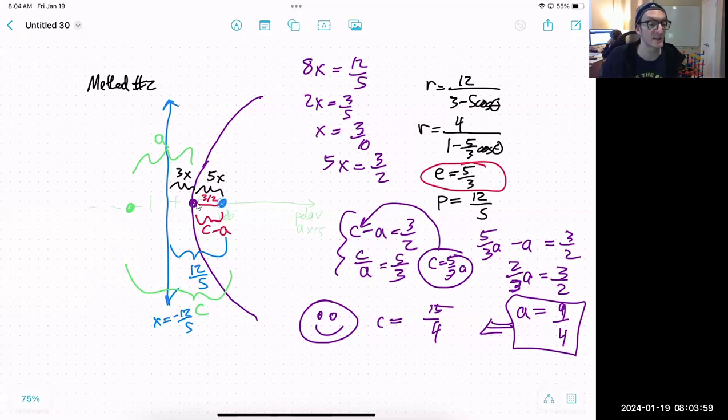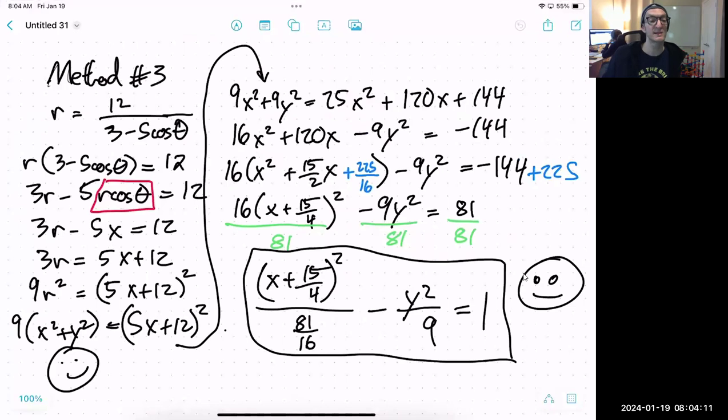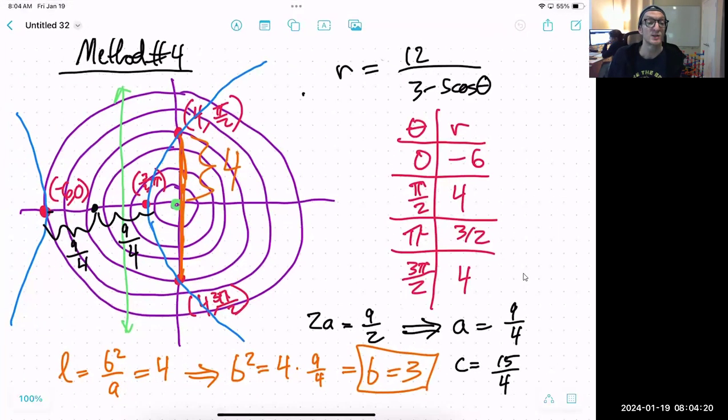And so using the eccentricity, we can figure out where that vertex must be. And once you know where that vertex is relative to the focus, then you know what c minus a is, and you can calculate c and a directly. Method 3, mindlessly convert with a lot of algebra the equation to rectangular using the polar conversion formulas. And method 4, just plotting the polar points and using what you know about hyperbolas to just make a sketch and just look at your own picture and figure everything out.